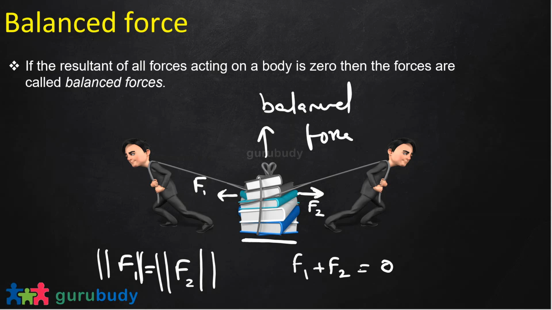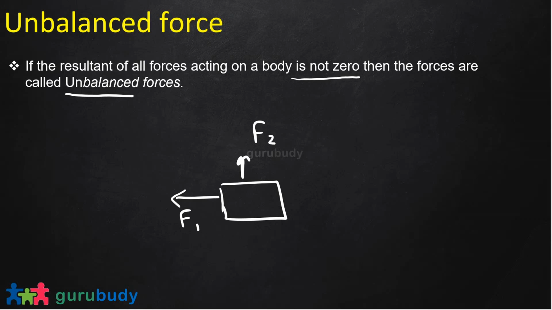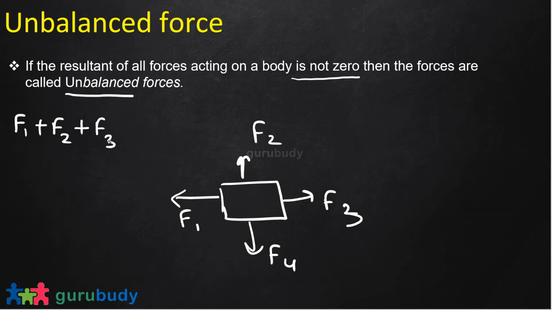Let's look at what unbalanced forces are. If the resultant of all the forces acting on the body is not 0, that is important, then the forces are called unbalanced forces. Going back to my previous example with multiple forces F1, F2, F3, F4, if F1 plus F2 plus F3 plus F4 is not equal to 0, this not equal to is more important.